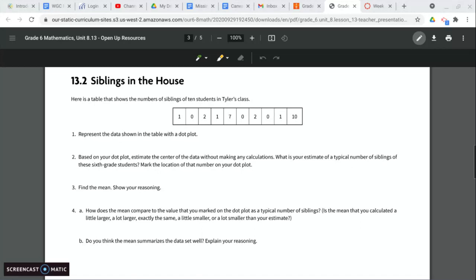So here's the table that shows the number of siblings of 10 students in Tyler's class. Represent the data shown in the table with a dot plot. So we have our dot plot. For 0, there's 1, 2, 3. For 1, we've got 1, 2, 3 as well.